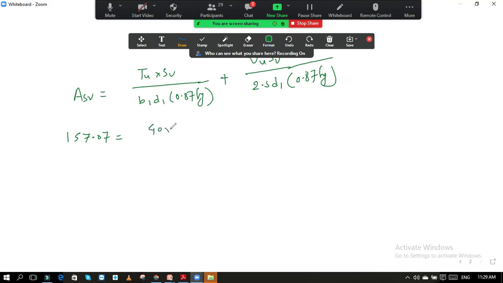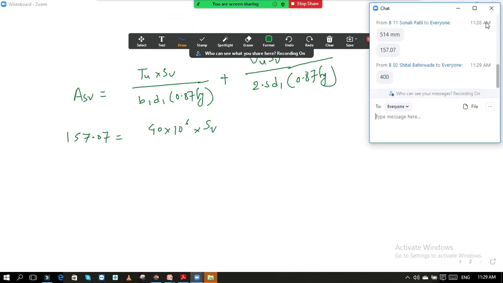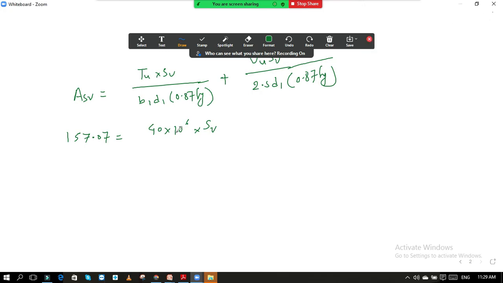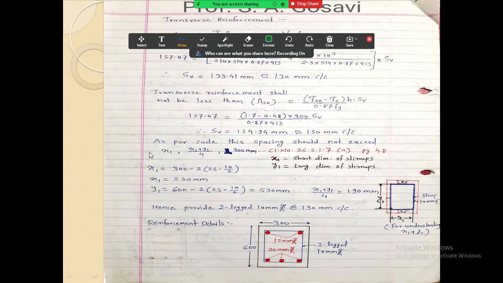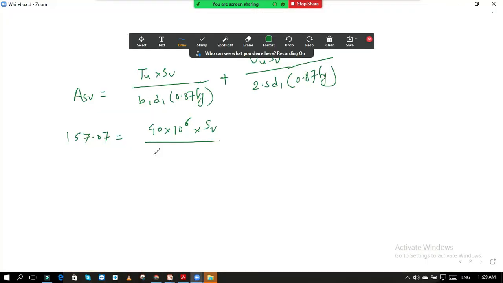Yes, so 40 into 10 raised to 6 into SB as it is, divided by B1. What was the value of B1? I think 210.